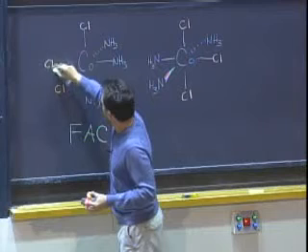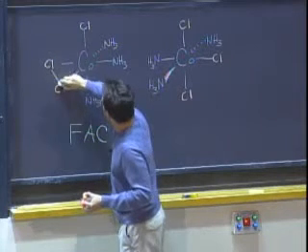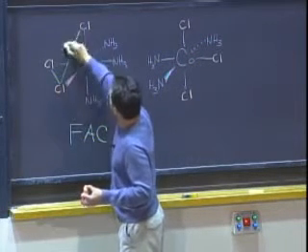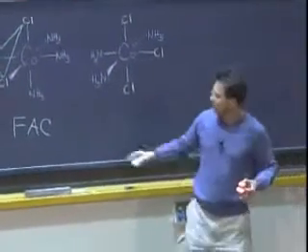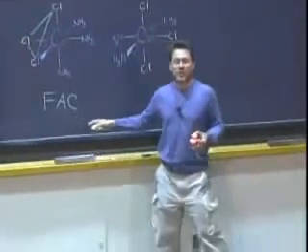And these chlorides, in this particular case, can be seen to define one of the 8 faces of the octahedron. And so that's the facial isomer.